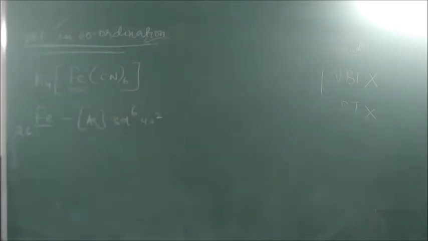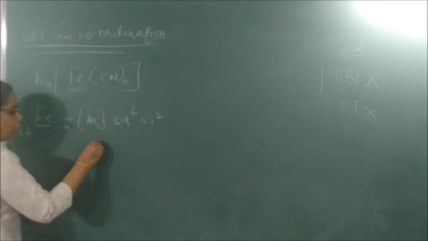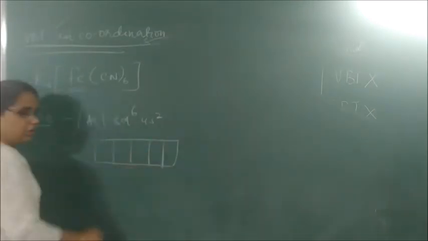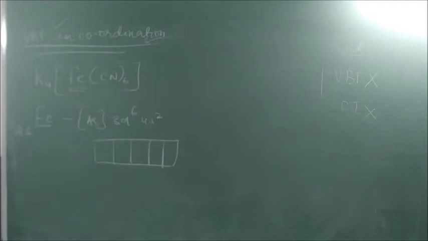Correct? Don't write, I'll explain. So what exactly have I tried? If I write it like this, this is my d orbital, five d orbitals: dxy, dyz, dxz, dx square minus y square and dz square.